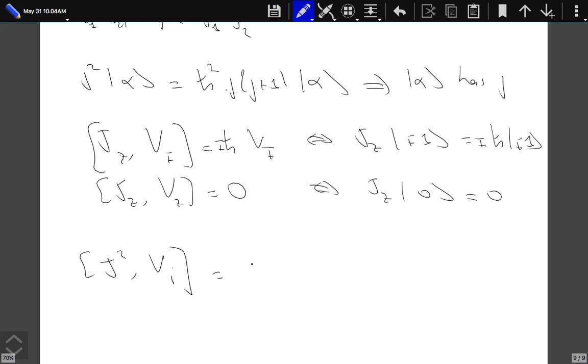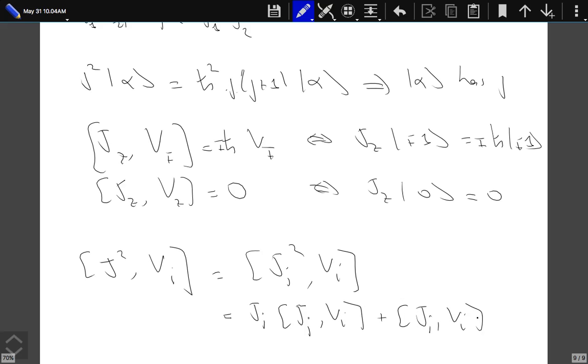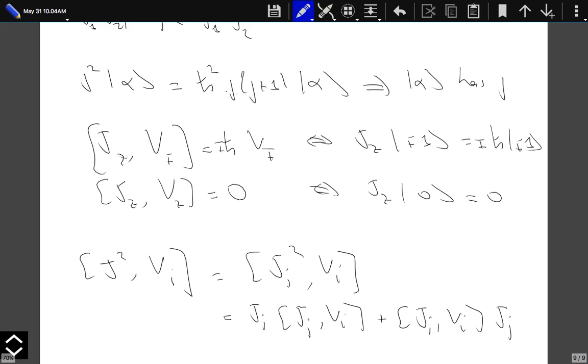This is equal to Jj squared commutator with Vi. This is equal to Jj [Jj, Vi] plus [Jj, Vi] multiplied with Jj.